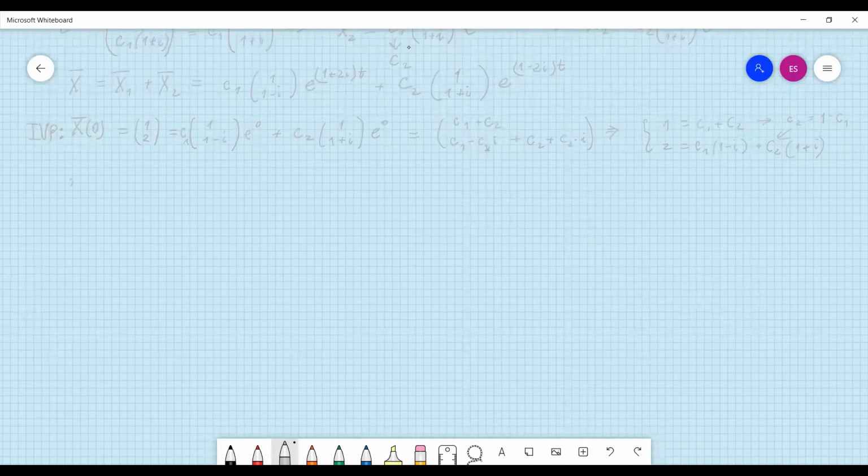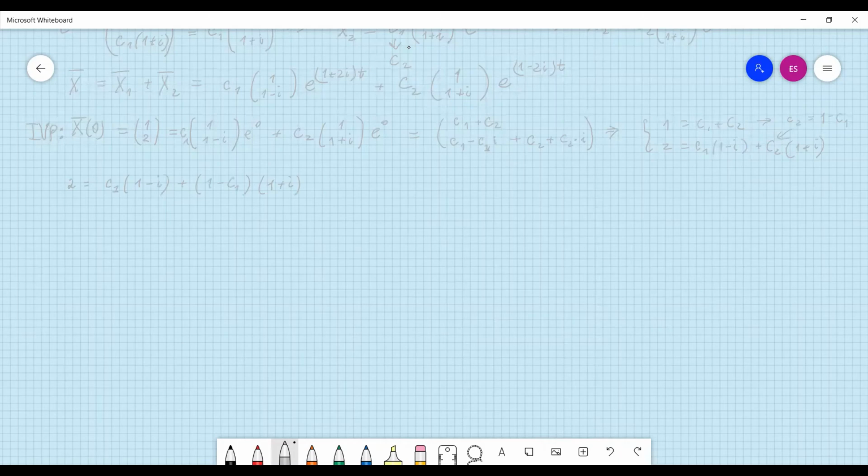So I have 2 equals C1 (1 minus i), and instead of C2, I put (1 minus C1) times (1 plus i). Now, guys, we just have a linear equation with one unknown, which is C1.